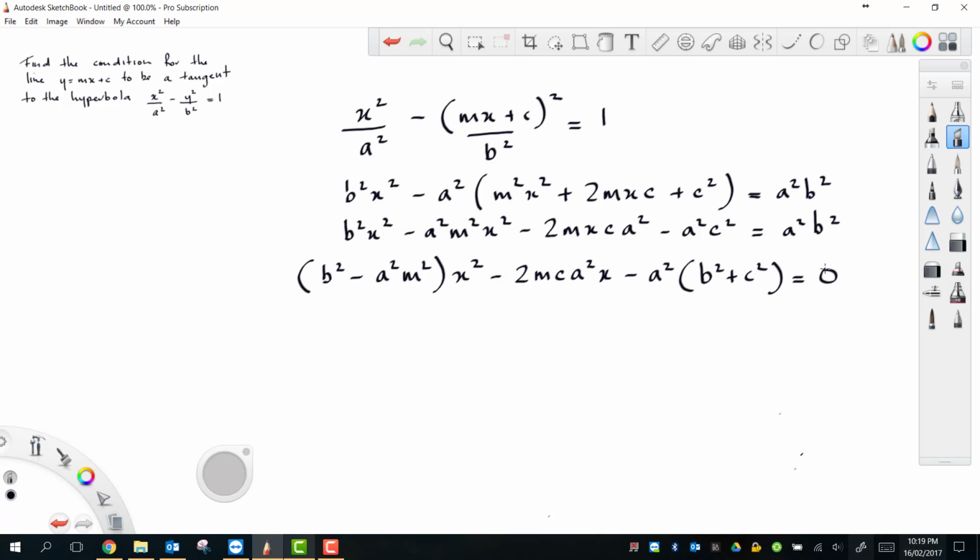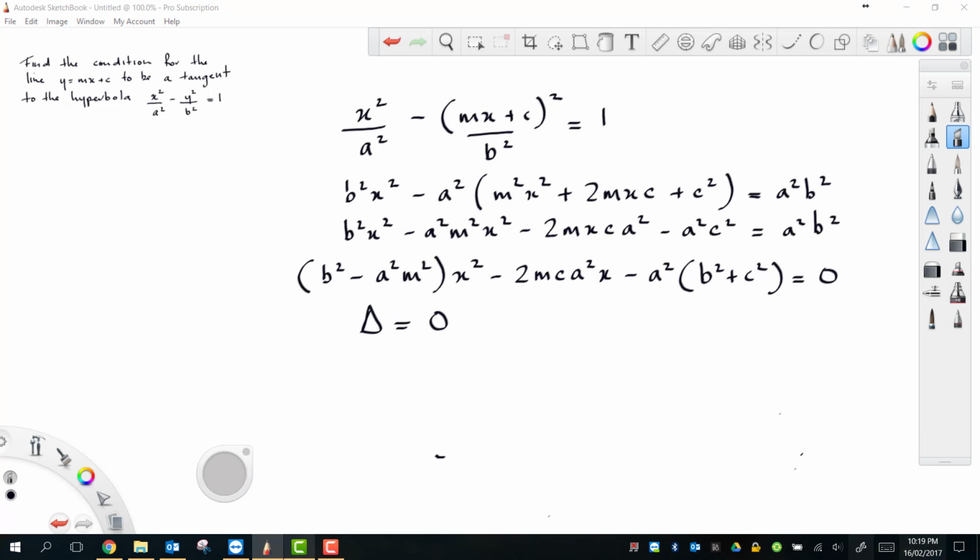If we were to solve this quadratic, it would give us the points of intersection. There is only one point of intersection, so there is only one solution to this quadratic. That means that the discriminant of this quadratic is equal to 0. Let's write that down. Discriminant equals 0.